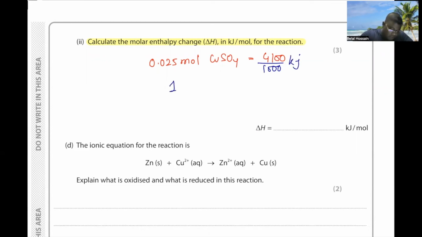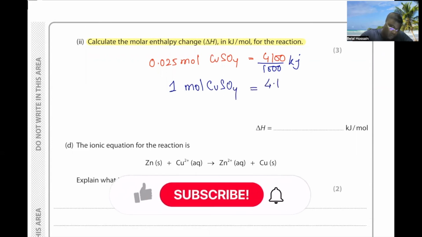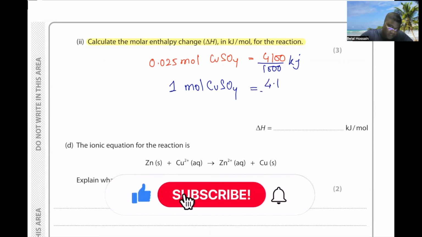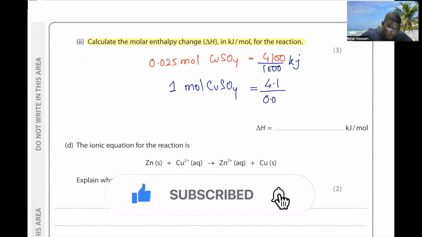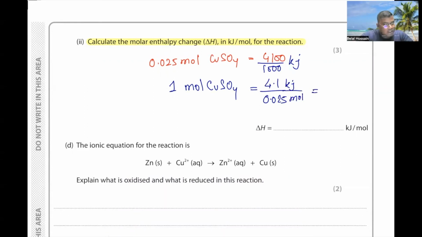So 1 mole of CuSO4 will produce 4.1 kilojoules divided by 0.025 moles. Since the energy is released, this is an exothermic reaction, so a negative sign has to be used. So the energy comes out to be −164 kilojoules per mole.